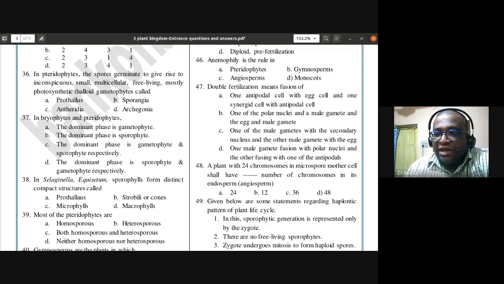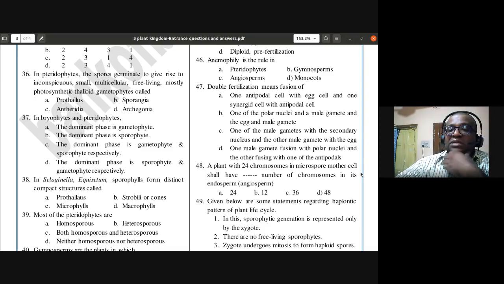So here they have given it as 48. So 12 plus 12, 24, 24 plus 12, 36. So C is the answer in case of 48, even though your books are giving it as 48, it is wrong.